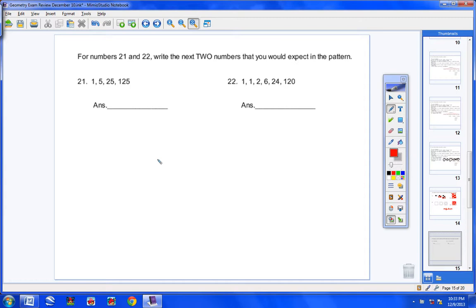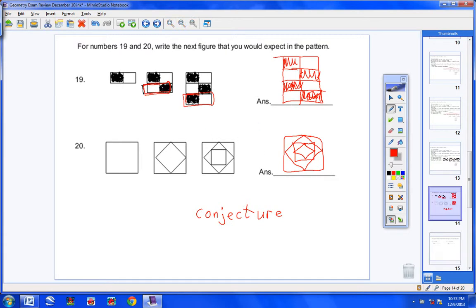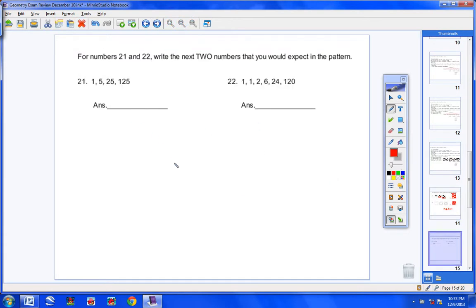Now for these two numbers here, 21 and 22, you're really doing the next thing, only instead of using pictures like we did here, we're going to use numbers. So you're going to try to figure out what pattern we have, what number is going to come next, and then you're going to make that conjecture as to what the next number will be in this list of numbers.